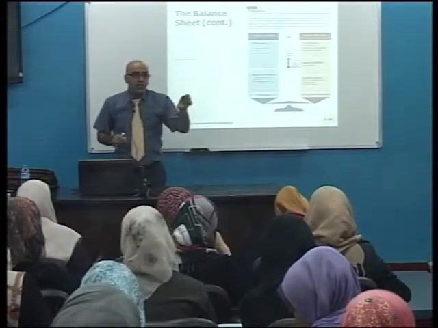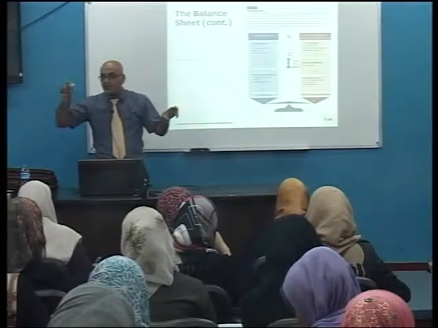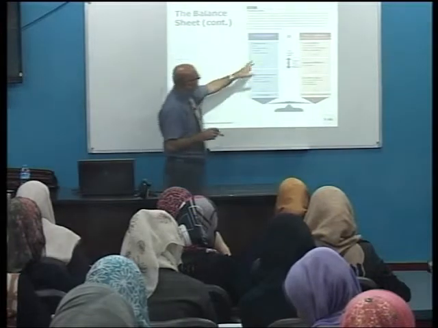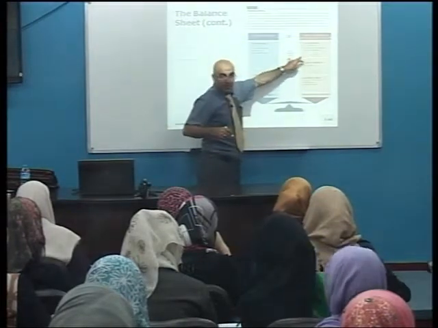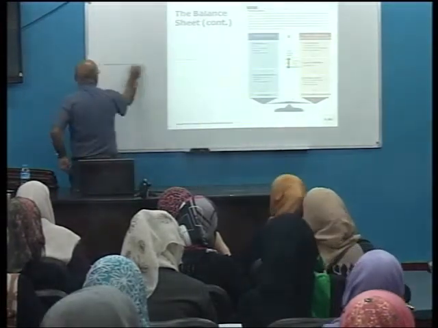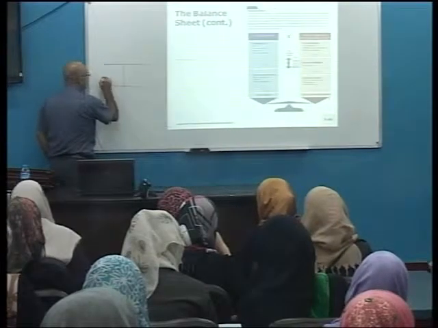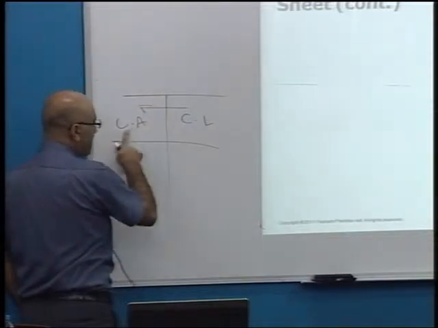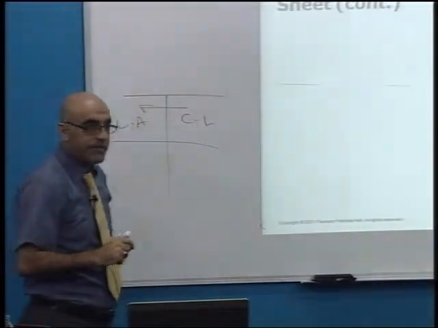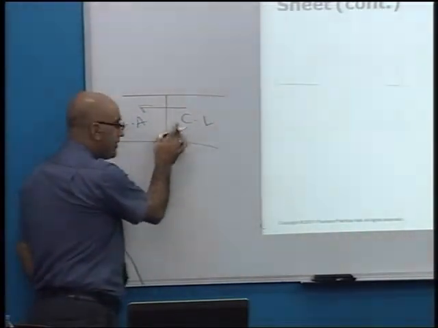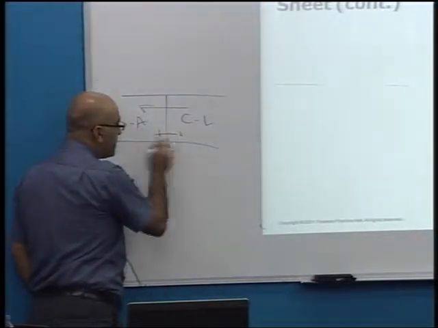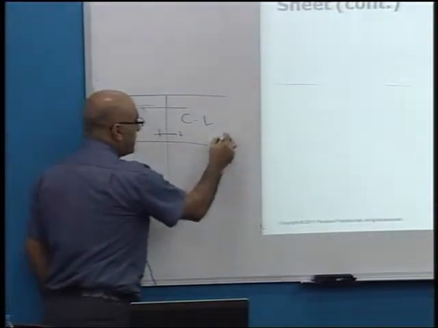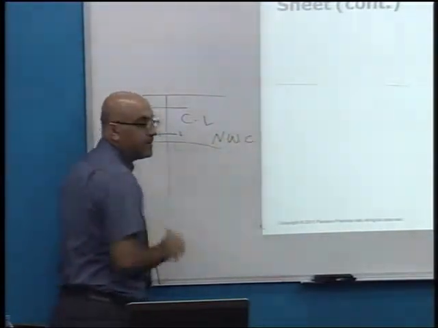When we are managing the current assets, we have to keep our eyes on the current liabilities, because this area is funded by this area. We fund current assets from the current liabilities. The difference between this area and this area is net working capital.